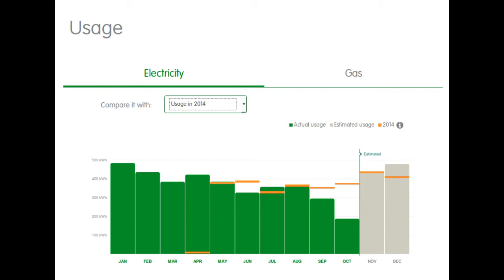Obviously it's a dim time of year now, so the days are not very long, and the nights and the mornings are dark, so usage is a lot higher at this time of year, but I still hope to make a significant dent in that.